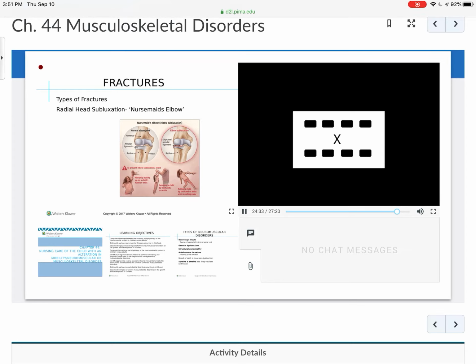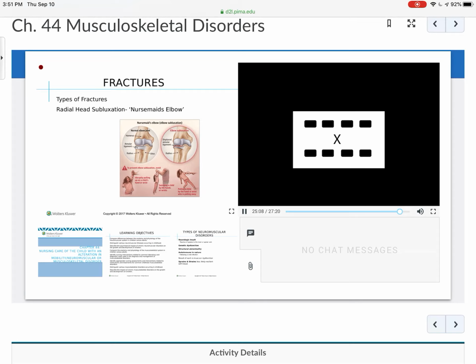Fractures, we talked a little bit about fractures before. I put a slide up in the beginning of different types of fractures. One of the ones we see in kids is called radial head subluxation, and that is a nursemaid's elbow. So it happens from swinging kids, and it's not that anybody's hurt them. What happens with that type of injury is that pulling of the arm causes the ligament that surrounds the radial head to stretch, and then it displaces that radial head, and it becomes entrapped in that joint.